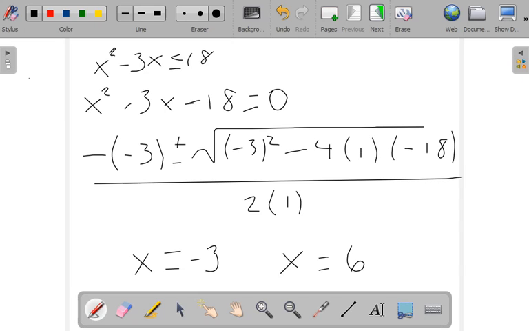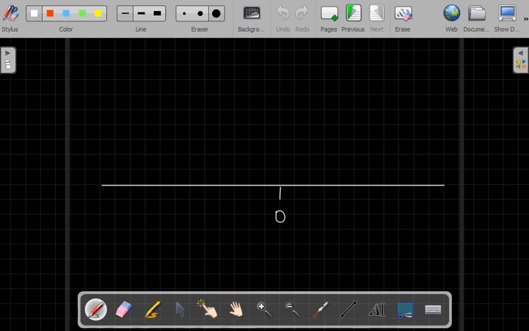So let's look at that on the number line. We graphed it yesterday, but let's just do it on a number line right now because we need to find the values of x that make the original inequality true. So on the number line right here, we have negative 3 down here, right? This is negative 3, and then we have positive 6, 1, 2, 3, 4, 5, 6, going to be right here.